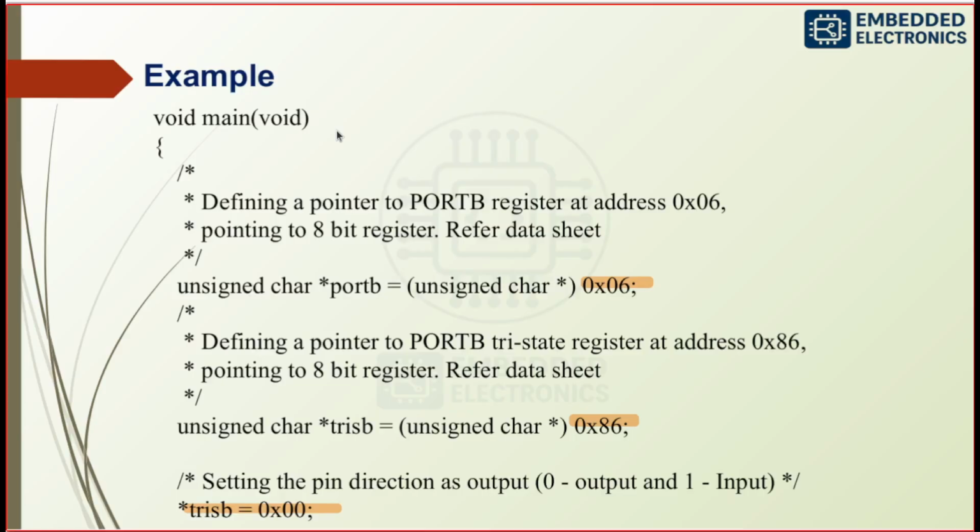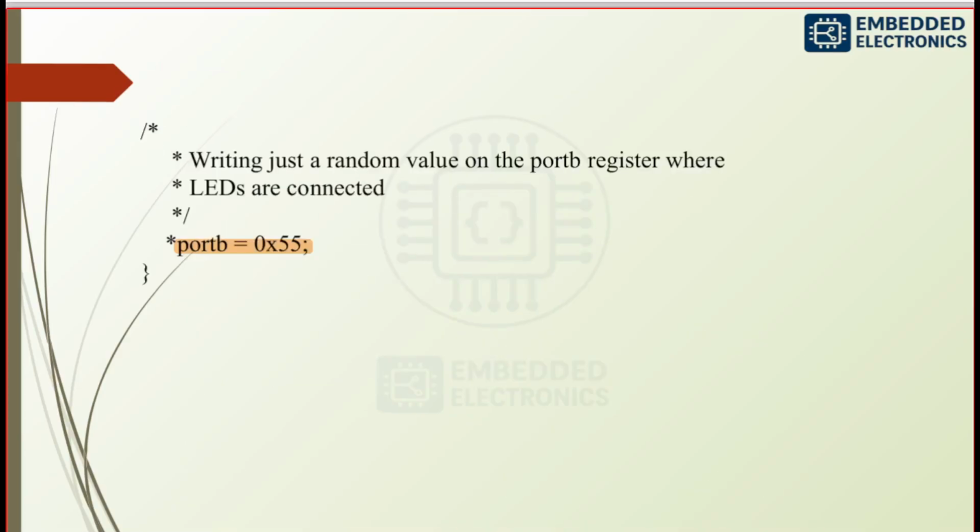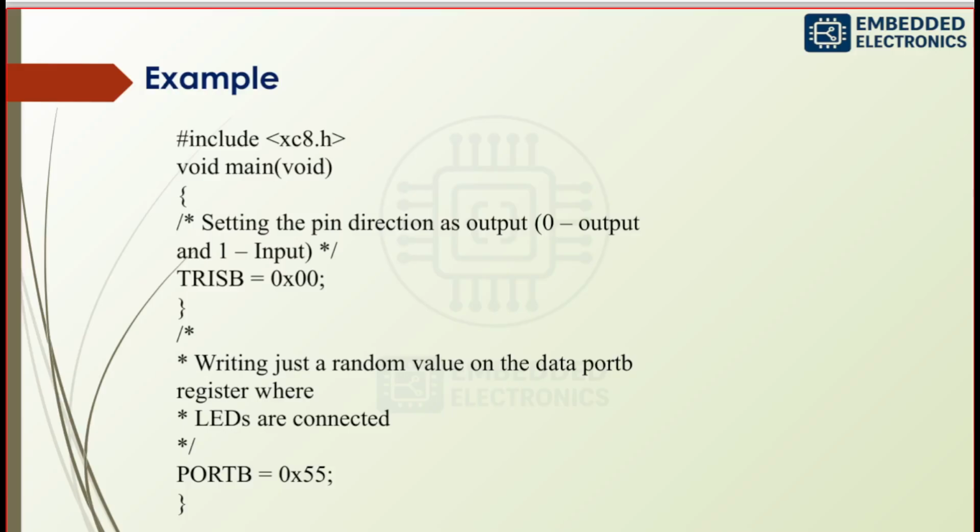Is it possible to write the same thing for complex code, where we use LED, digital keypad, CLCD, everything? Is it possible to find the address and write the code? No, it's too difficult, right? So for that reason we will simplify the code like this. Here we use #include <xc8.h>.